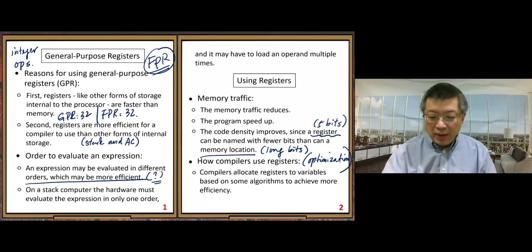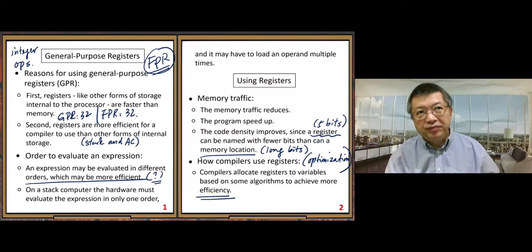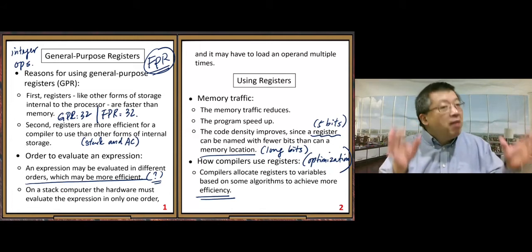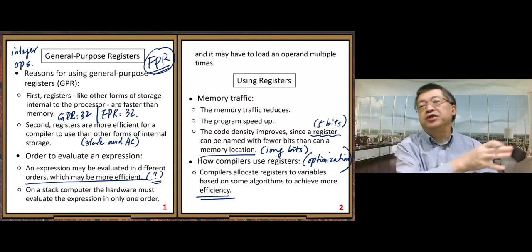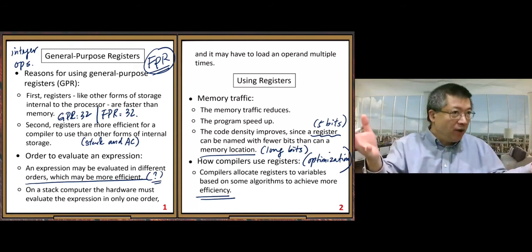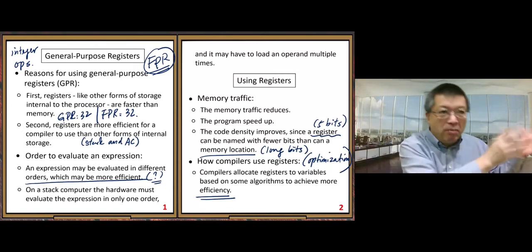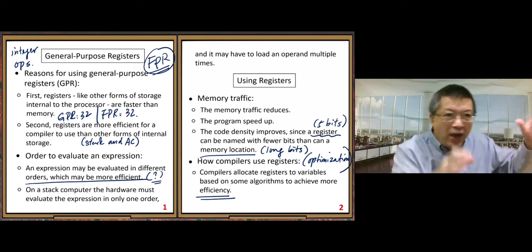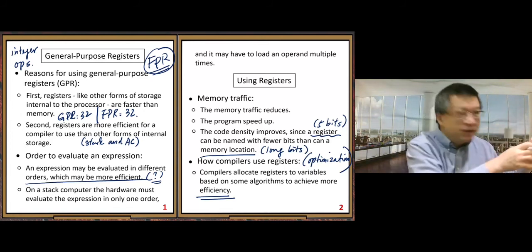How about the efficiency? There are many different ways to use the register resources, right? It's not the only way. There is a lot of freedom for the compiler to choose different ways to use the registers. You can use this way, you can use that way.